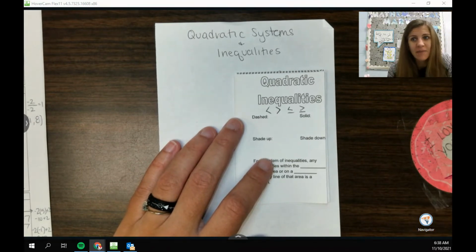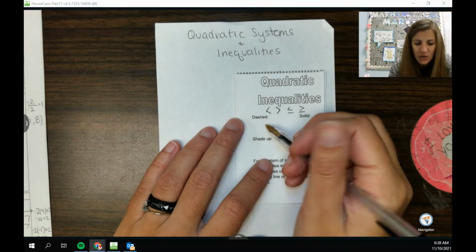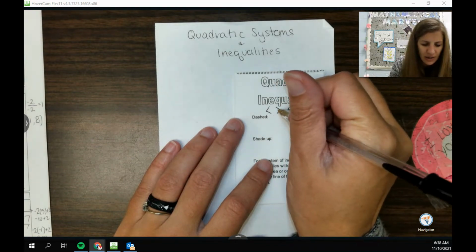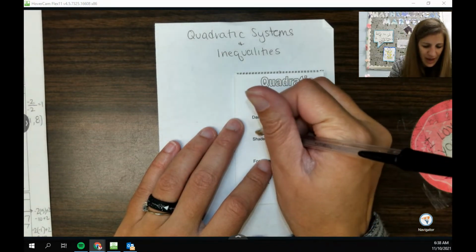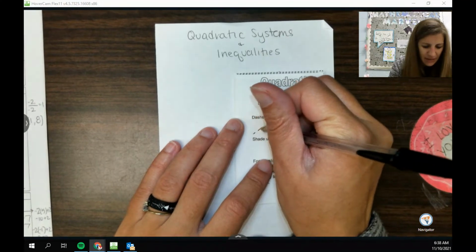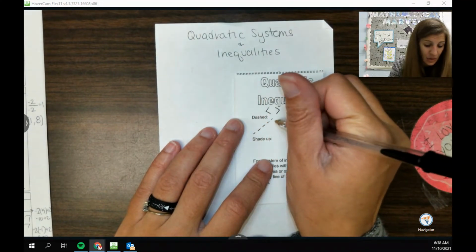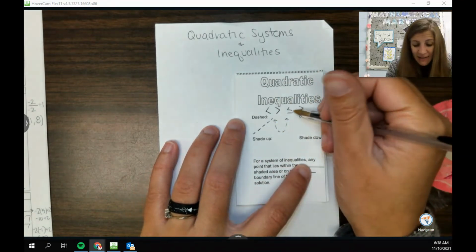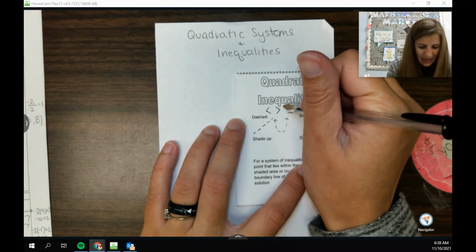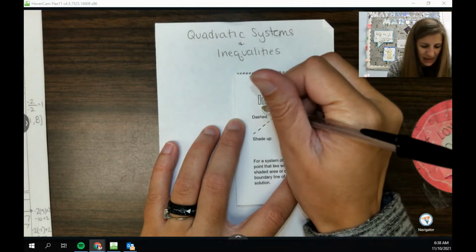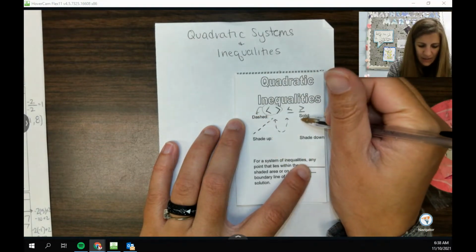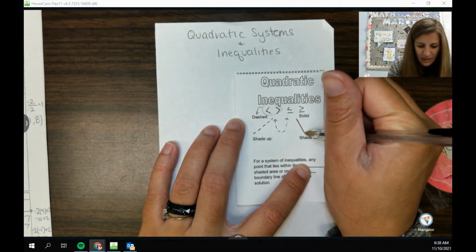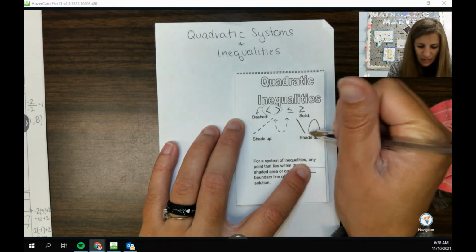Like you have to take your time and really think about your line. So if you are less than or greater than, you are going to have to make a dashed line or a dashed parabola. If it is equal to, so like these go here, then you're going to have a solid line or solid parabola.